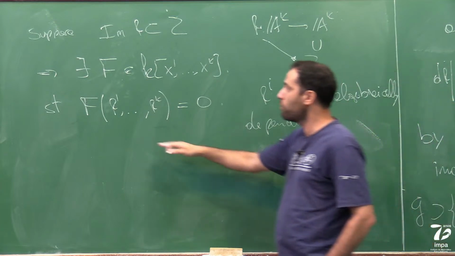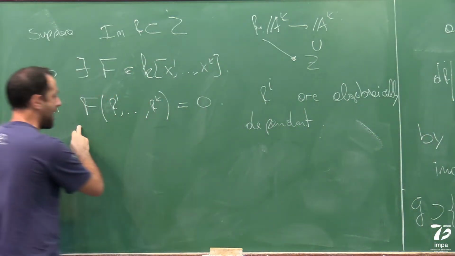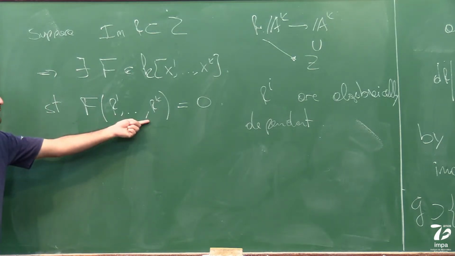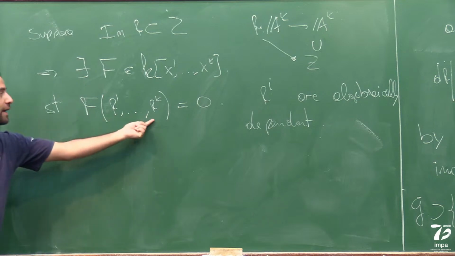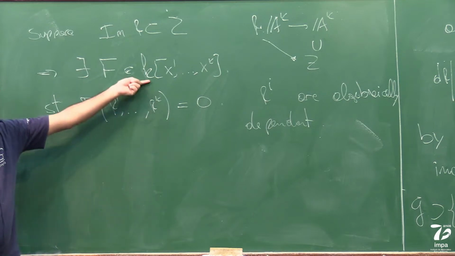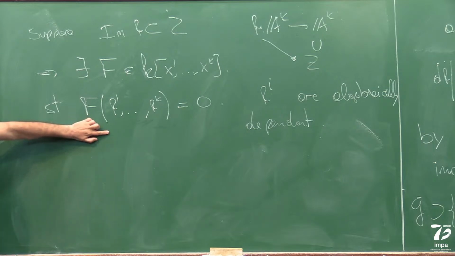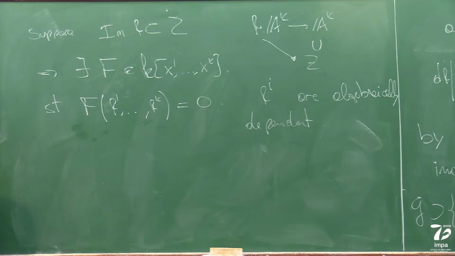If there's no polynomial equation satisfied by these Fi's, then they are algebraically independent over this ring. So I want to prove that this cannot happen.